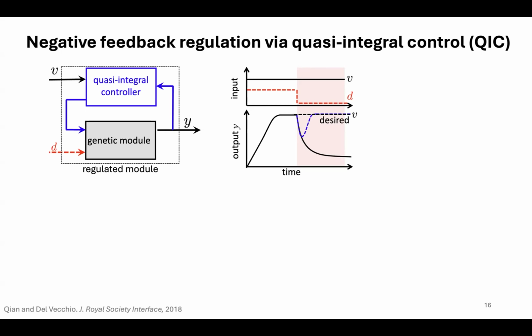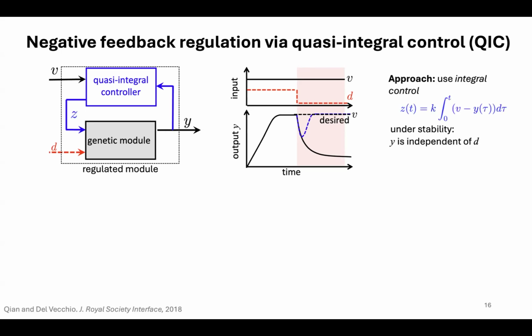So we are going to use a quasi-integral controller. Integral control, as you may know, is exerting an action on your system, which is our genetic module, which is proportional to the integral of the error between the reference value, which here I'm denoting by V, and the true output.